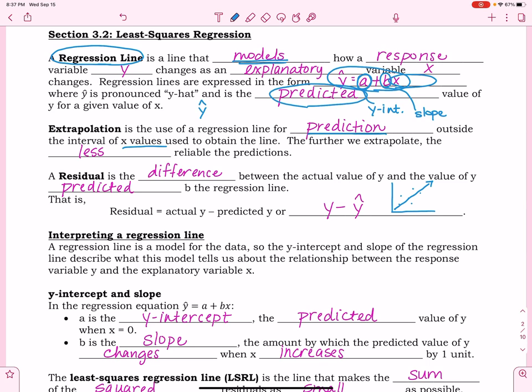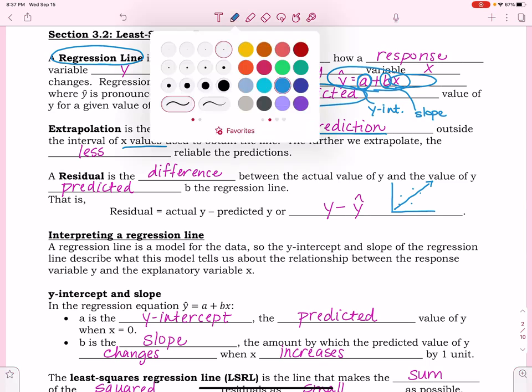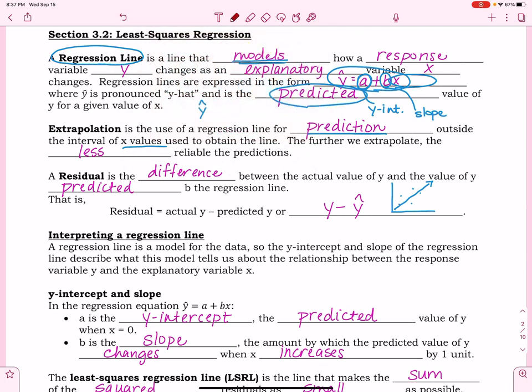Well, obviously that line is not going to go through every single ordered pair in your scatter plot, and you can see the distances. So the distances are your residuals. That little red line there, that is a residual. Residuals are vertical distances because they're the distance between the y values.